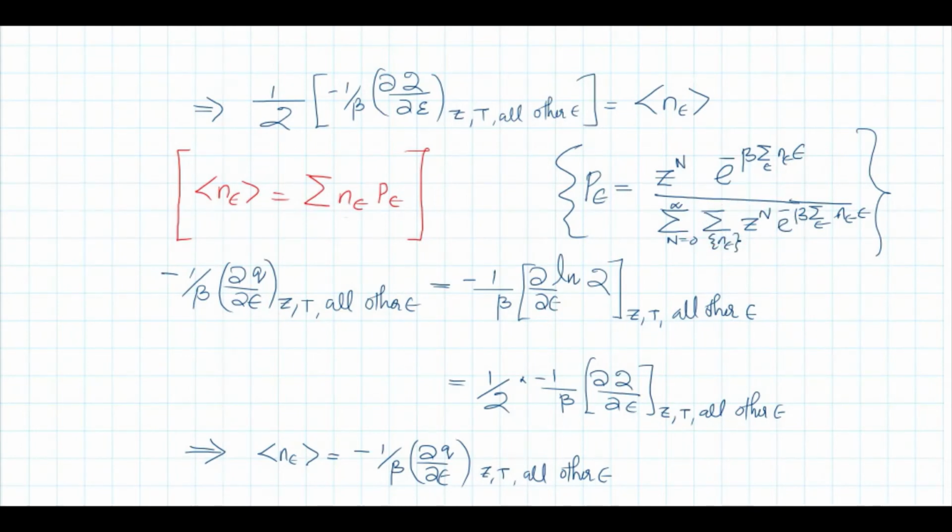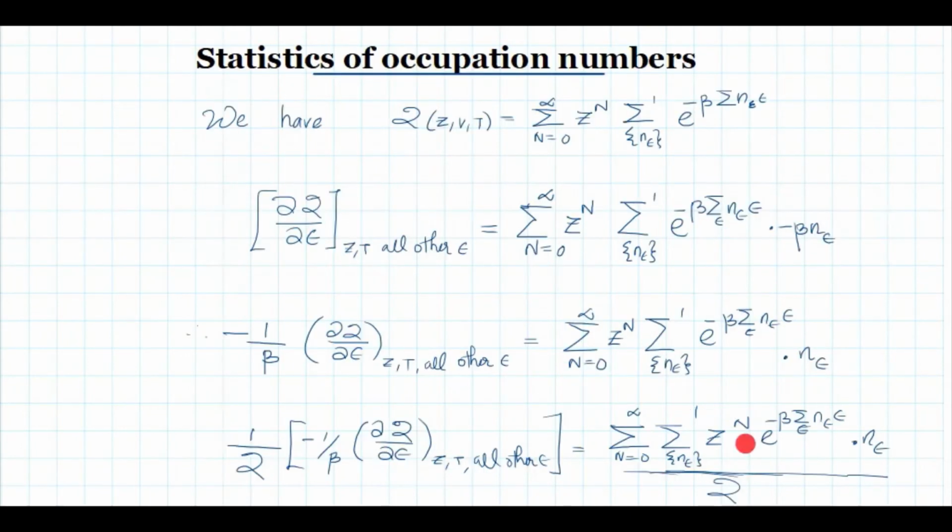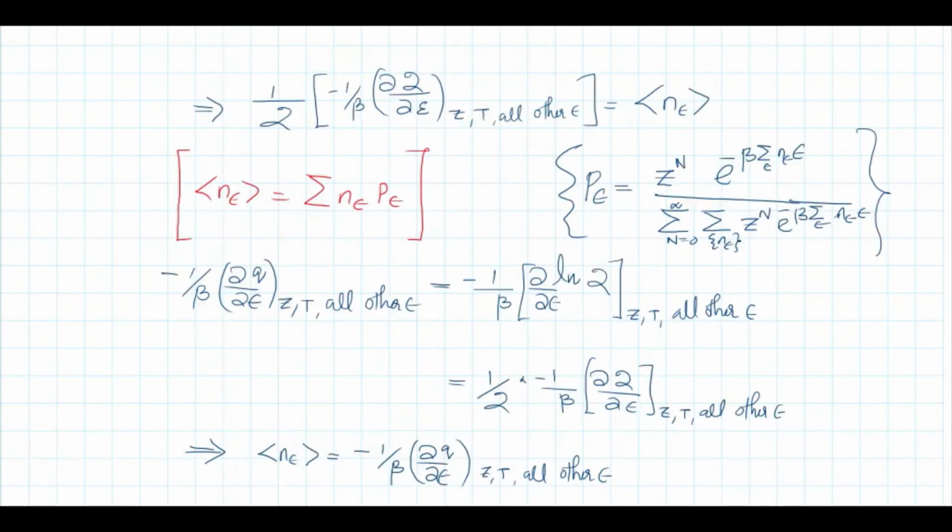So you can replace the right hand side with the expectation value of n epsilon, and that is nothing but the occupation number.